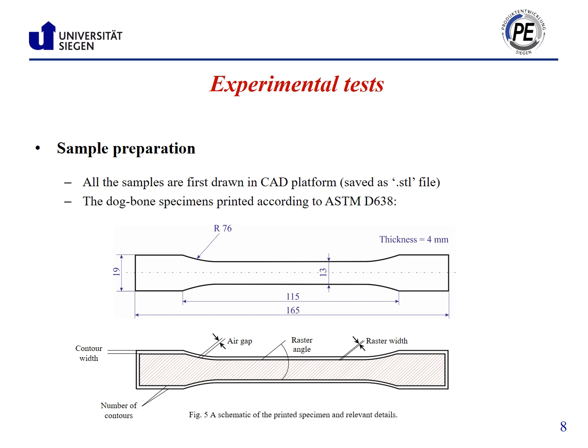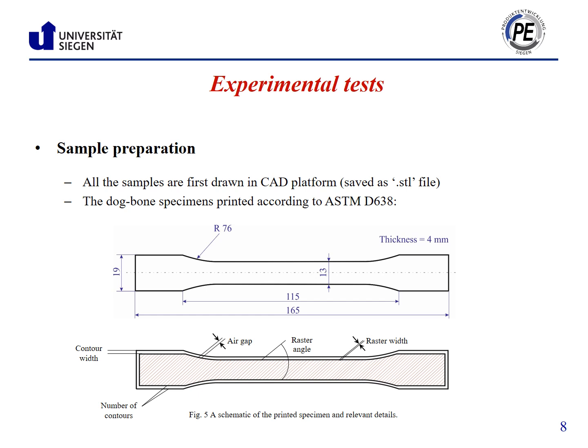In preparation of the specimens in this study, a standard was used and the dog bone specimens were printed based on the standard. The specimen dimensions are presented here. Moreover, the relevant details such as air gap, raster width, and angles are illustrated. Each parameter has its own definition.